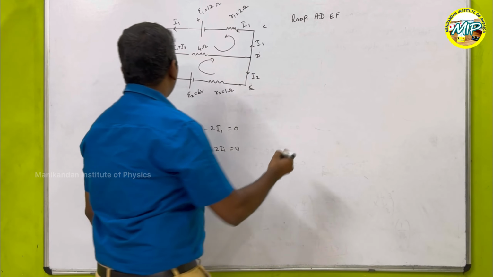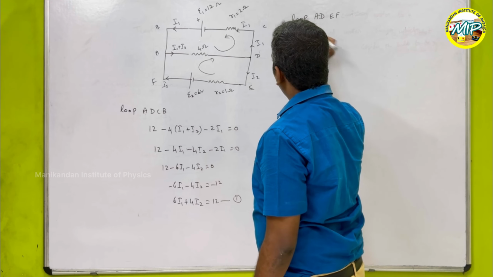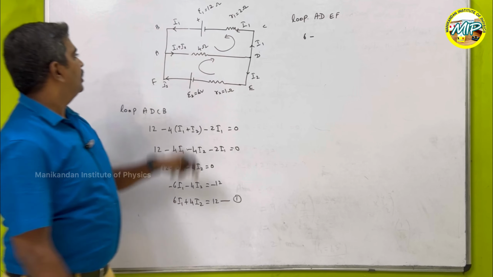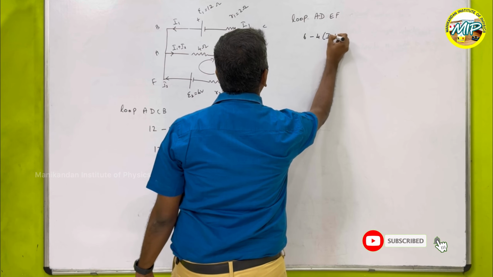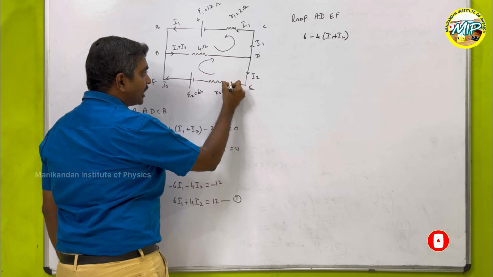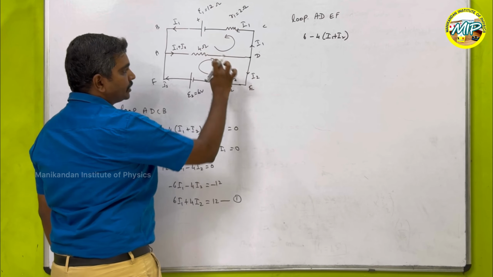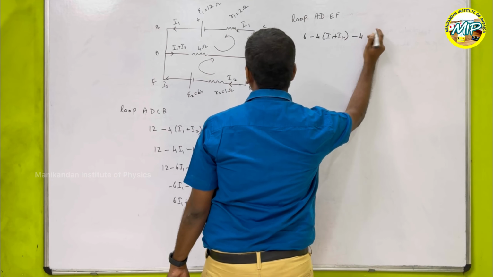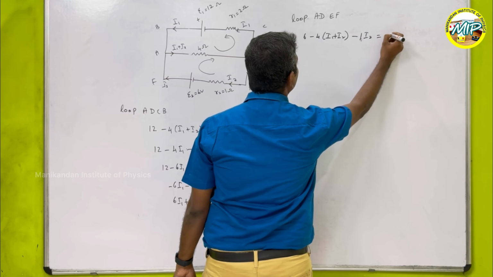From this loop, the current is leaving, so I can write 6 minus. The loop direction and current direction are the same, so 4 times (I1 plus I2). Here also the current is entering, so it will be I2; the current direction and the loop direction are the same, so minus 1 times I2, equal to 0.